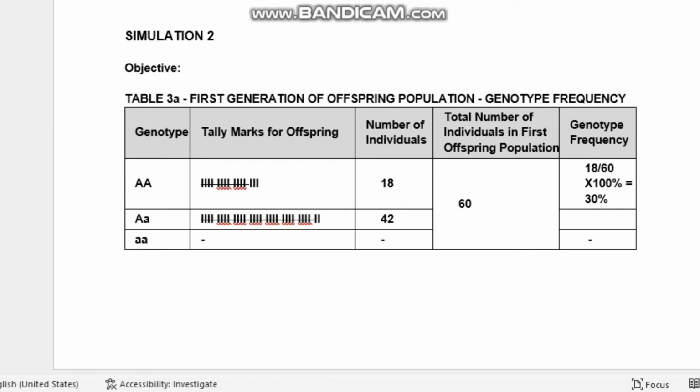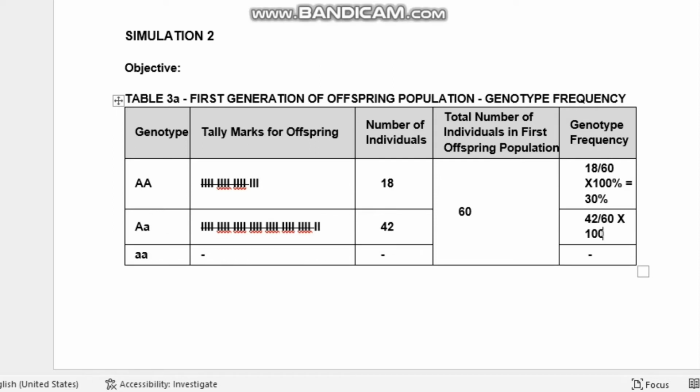So for capital A and small letter a, which is 42 over 60 times 100, and we get 70%.